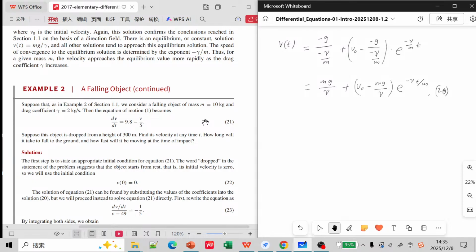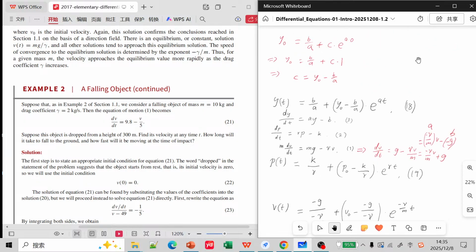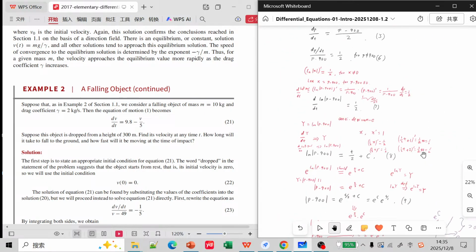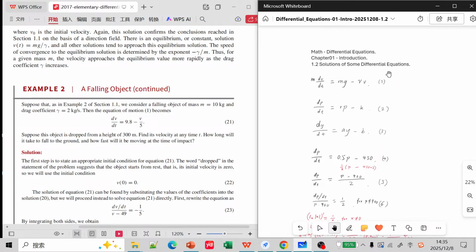this equation. Let me try to find the motion 1 equation. Okay, this is the motion 1 equation.